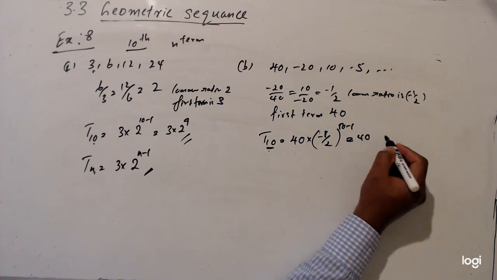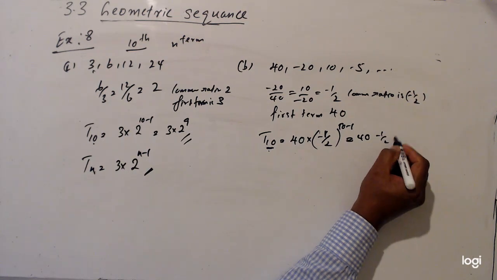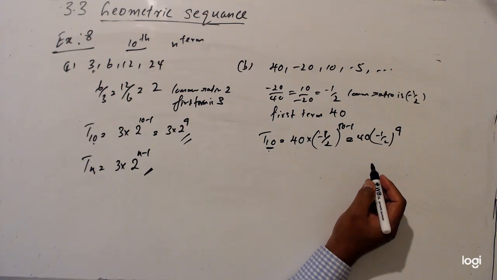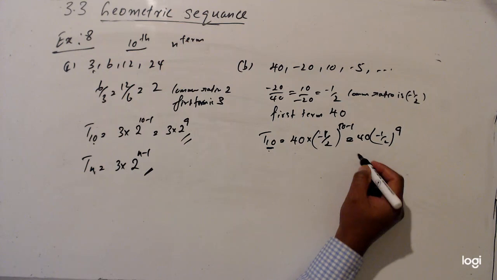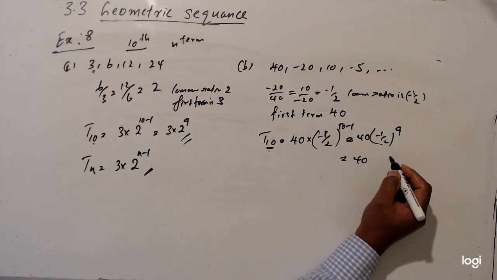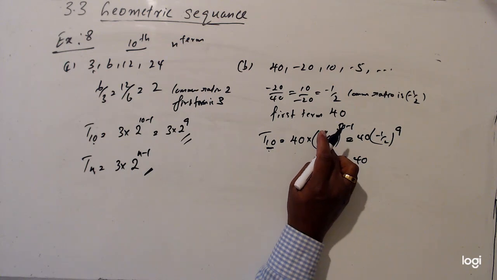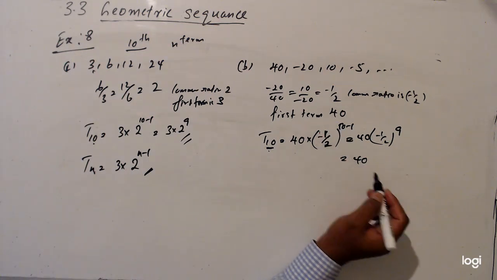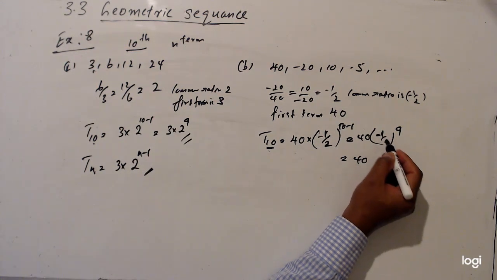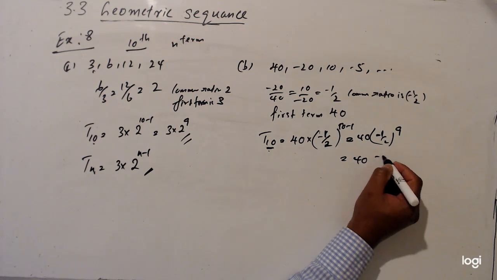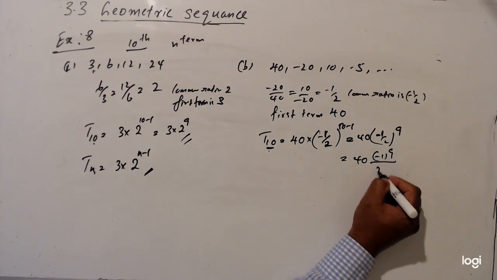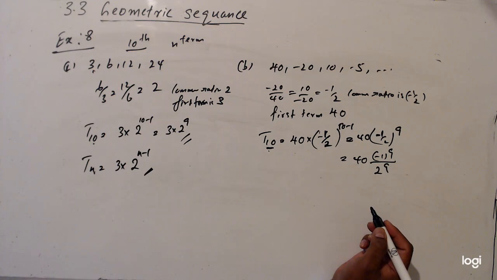So 40 times minus half to the power 9. This minus 1 you can bring up or down, but I will leave the minus 1 as it is. So minus 1 to the power 9 and 2 to the power 9.